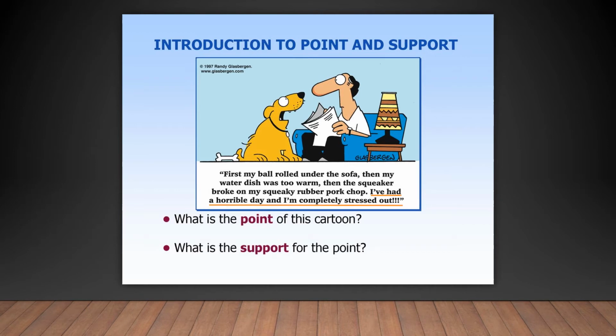But in this case, the point of the cartoon is the very last sentence: "I've had a horrible day and I'm completely stressed out." That is the dog's point. Everything the dog has said before it is the support. First, the ball rolled under the sofa, the water dish was too warm, and the squeaker broke on the rubber pork chop. Those three things are all supporting details that add up to the fact that it was a horrible day for this poor dog.